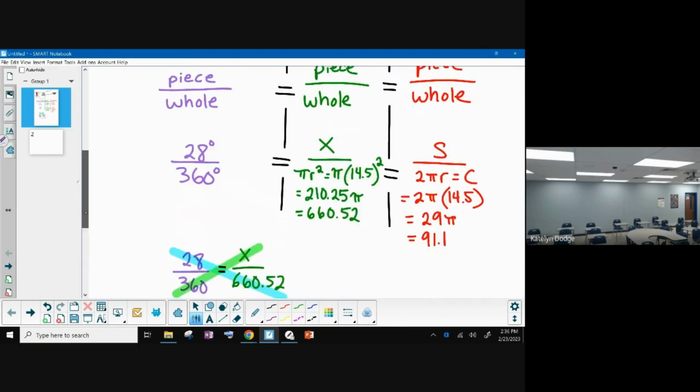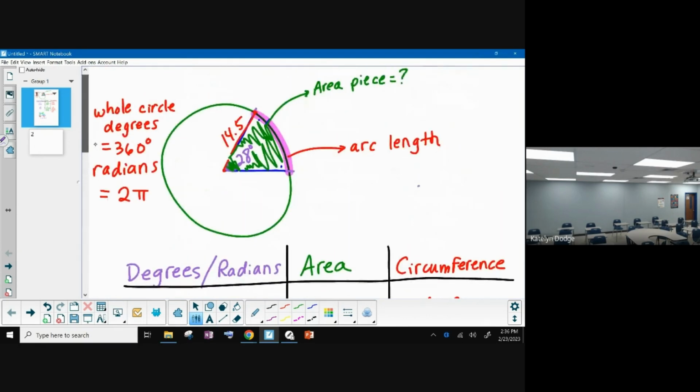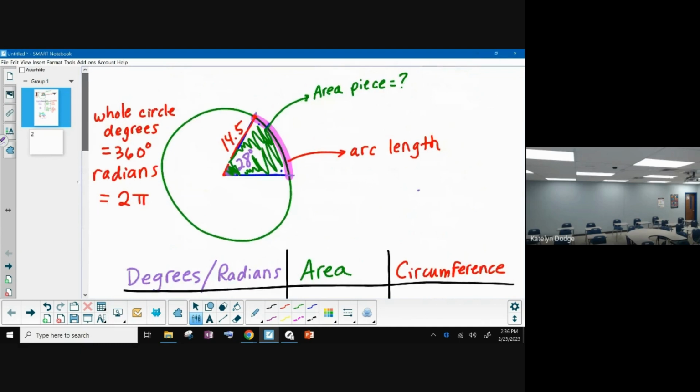And I really shouldn't say entire area. I'm really saying that the area of this sector, just this green piece that I filled in, I now know is 51.37 inches squared. So that's the area of the piece.